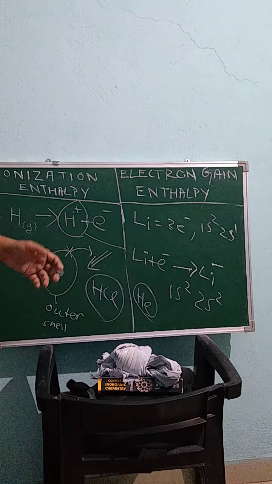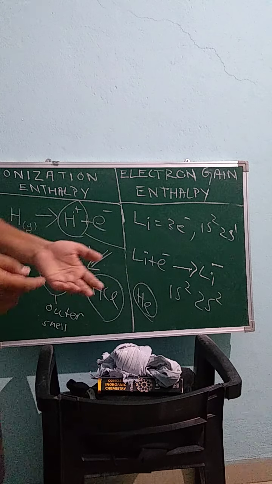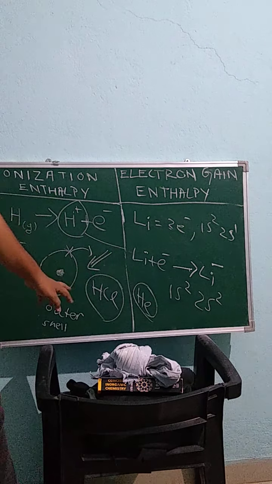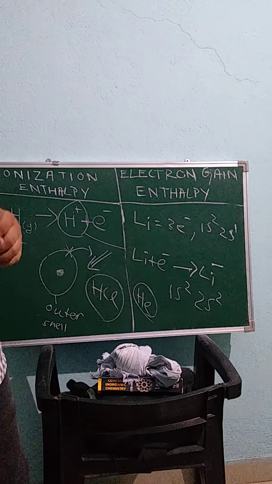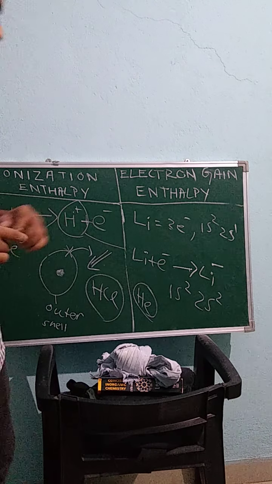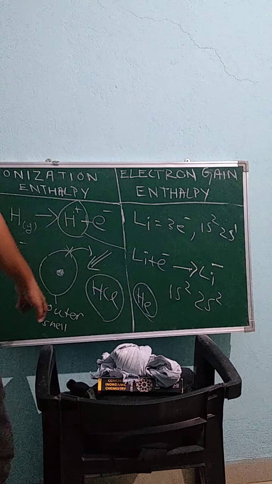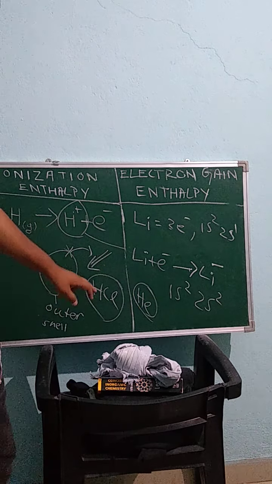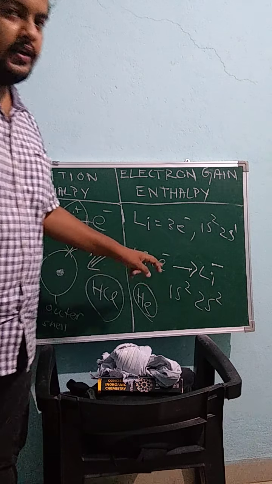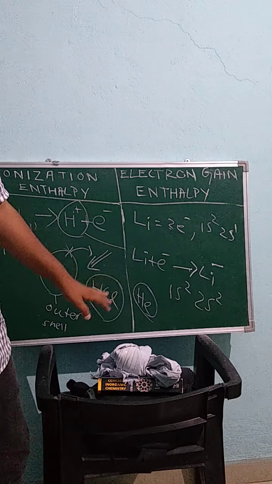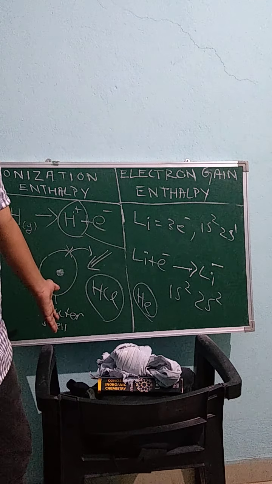endothermic process. Means we have to forcefully attach that electron to the lithium atom, because lithium atom wants to lose that electron and attain the electronic configuration of helium. But we are forcing the lithium atom to actually gain 1 electron.